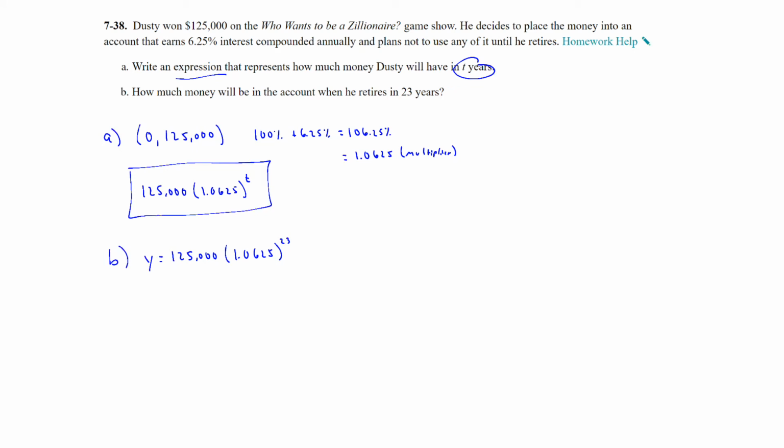And remember, this is compounded annually, so the interest that you are gaining is off the original 125,000 plus any interest that was gained. So it is this exponential equation that we're looking at. So go ahead and plug that into your calculator. And in 23 years, the 125,000 would have changed into $504,052.30.